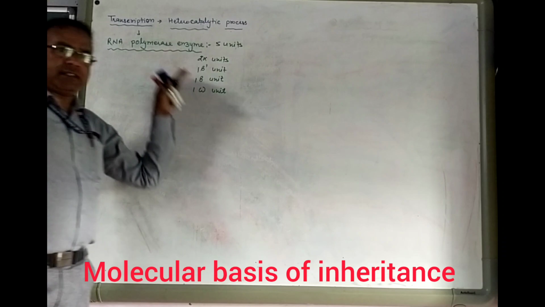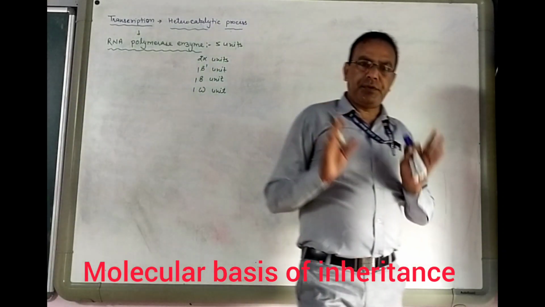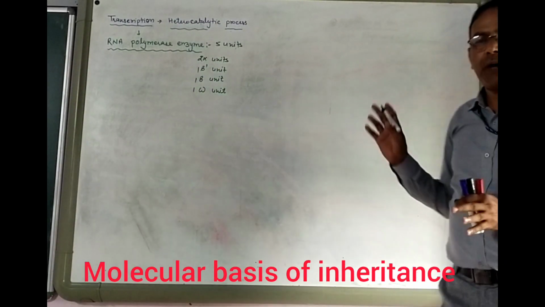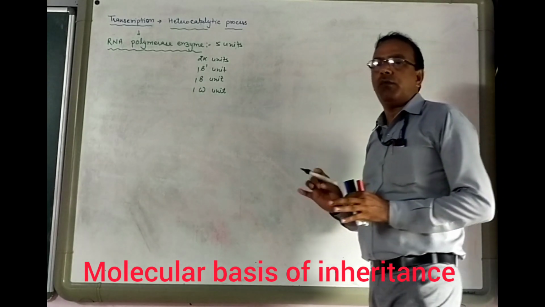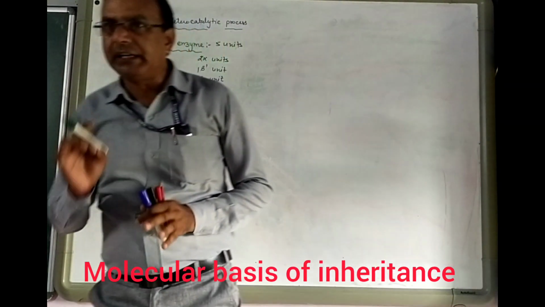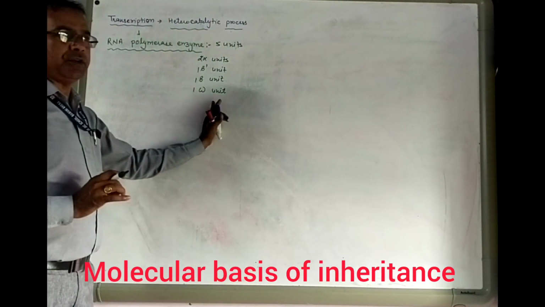RNA polymerase enzyme is made up of 5 units: 2 alpha units, 1 beta dash unit, 1 beta unit, and 1 omega unit.